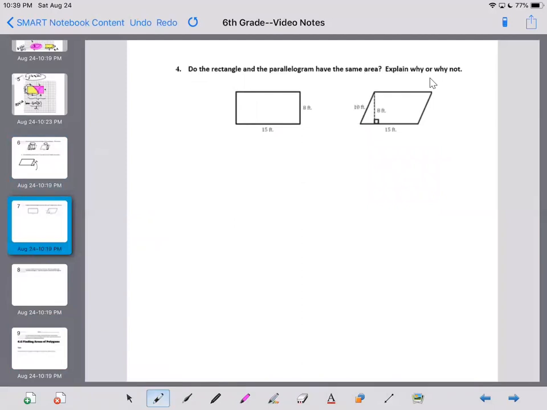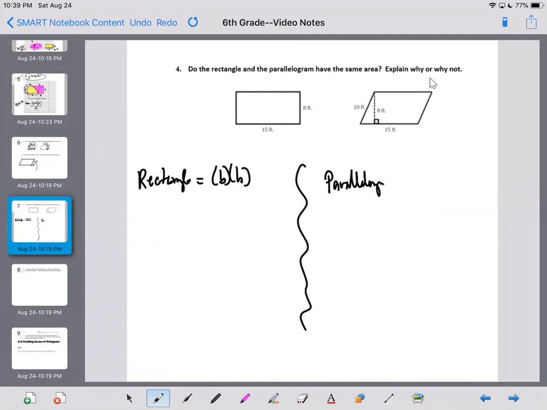Number 4, do the rectangle and the parallelogram have the same area? So here's the rectangle, which we know is going to be base times height. Here's our parallelogram, which we know is going to be base times height.